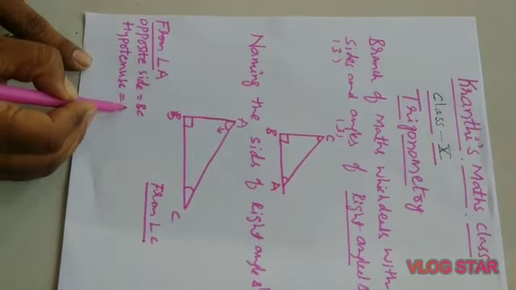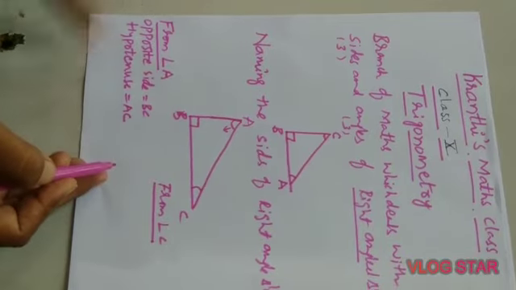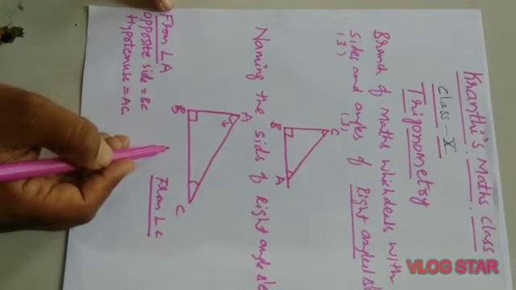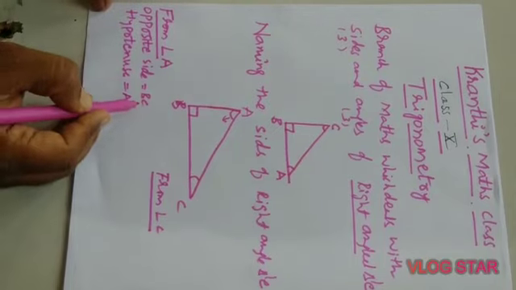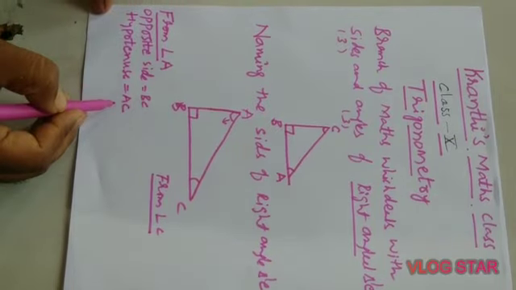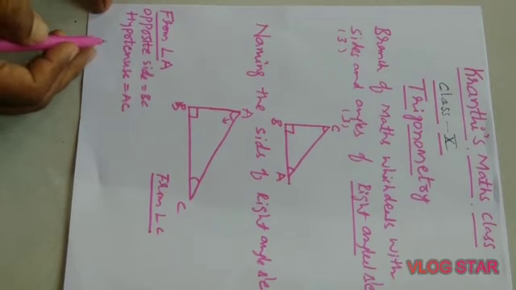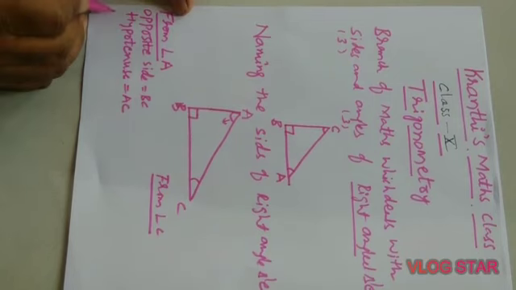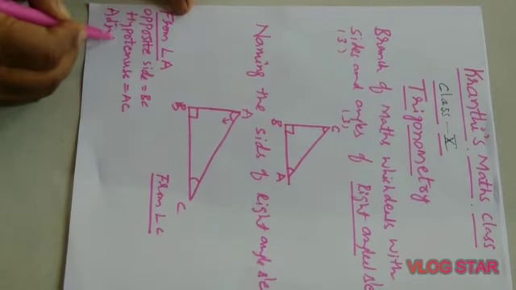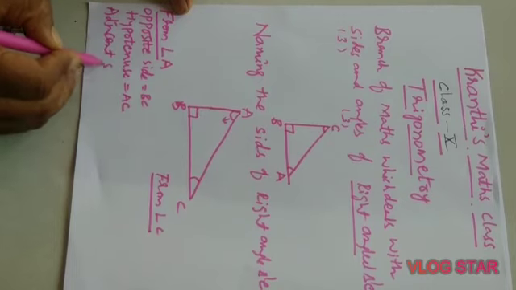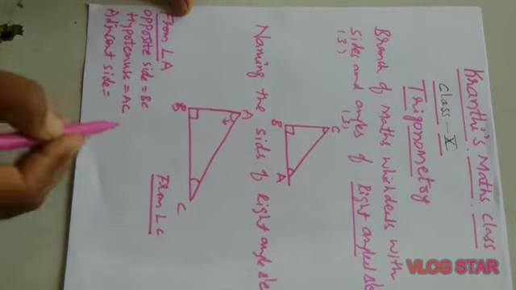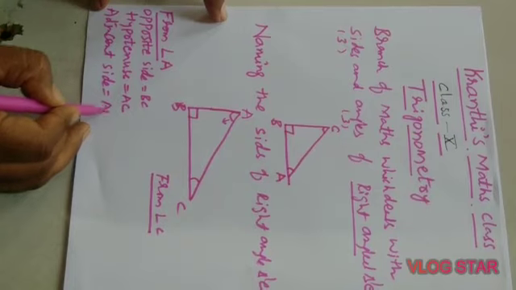That's why AC is the hypotenuse. From angle A, BC the opposite side is done, hypotenuse AC is done, and the remaining side is AB. The remaining side is called the adjacent side, so the adjacent side is AB.